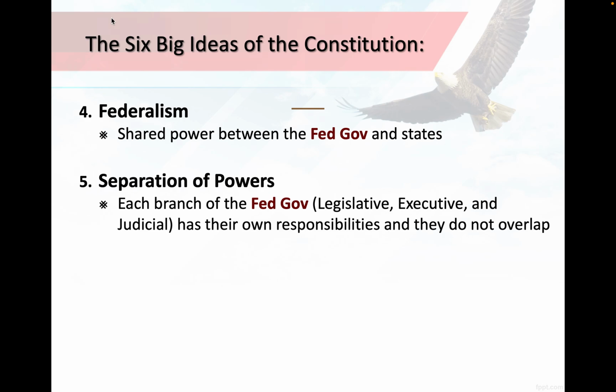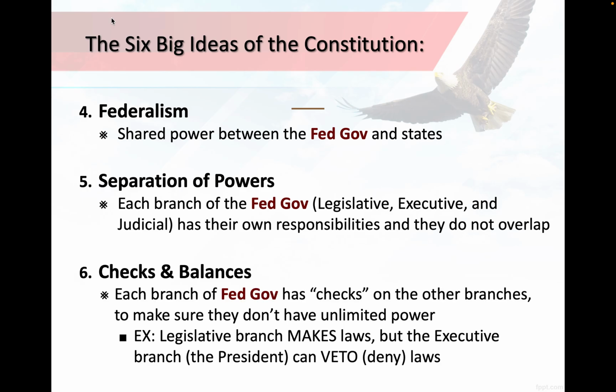So they would be immediately judged without a trial. And we do not want anyone from any branch to override anyone else from any other branch. But we do want them to check each other and balance each other.